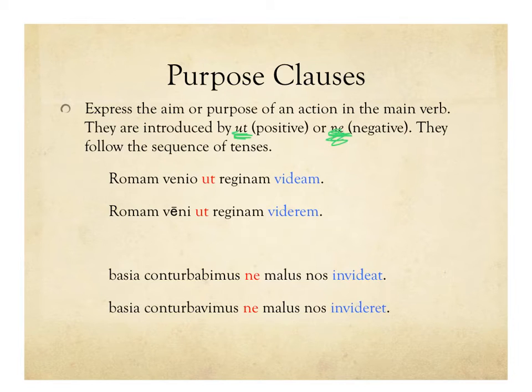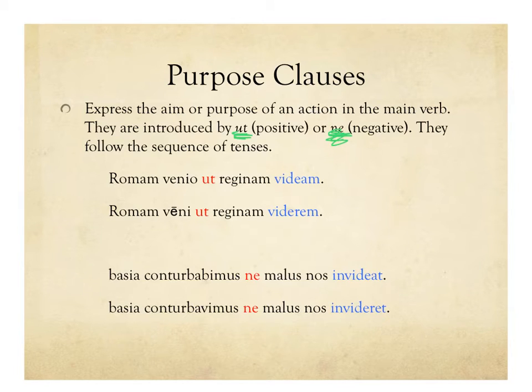And if our main verb is a past tense verb, perfect, where it means was, imperfect, or pluperfect, then we're going to use the imperfect subjunctive. So it's really super easy, either present subjunctive or imperfect subjunctive.